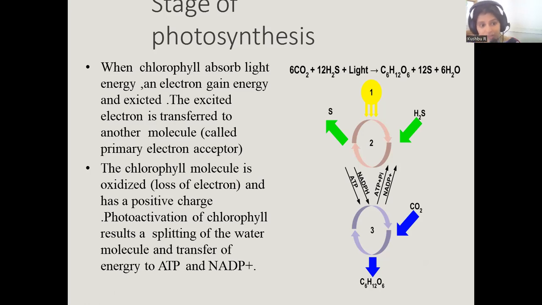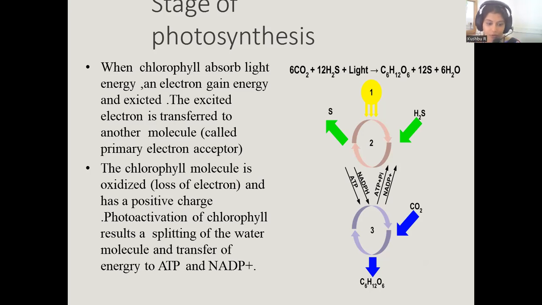It has got oxidized. It has got a positive charge. Here, by this process, there is a photoactivation reaction happening where your chlorophyll pigment is splitting up water. The water is being split up, that is a photoactivation reaction.